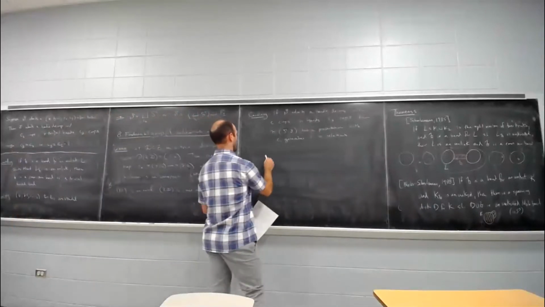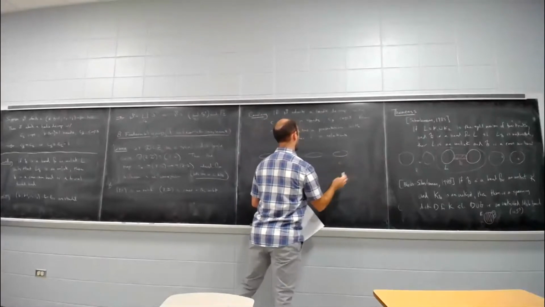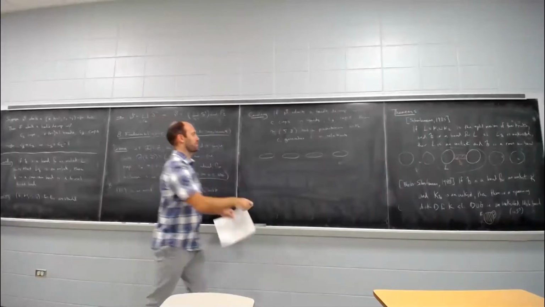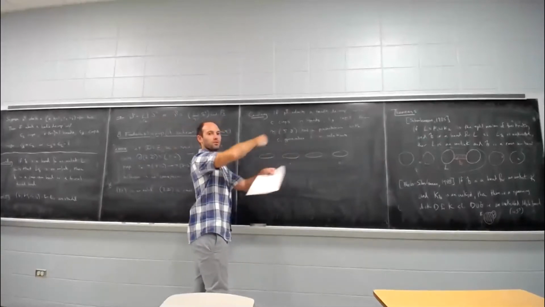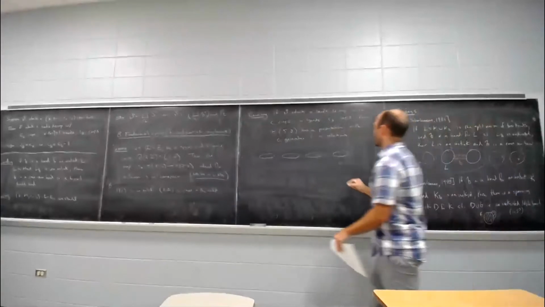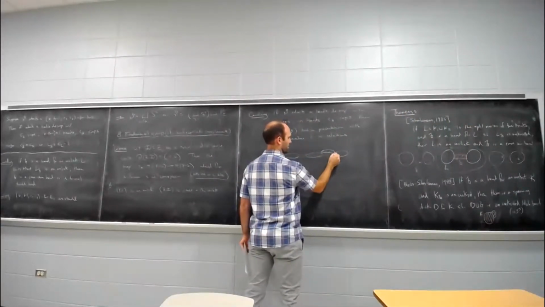And the idea here is just, we've got this C1 component unlink, and as we go up in time, nothing interesting happens. Maybe it wiggles around as we go up in time. And then what we do is we attach a bunch of bands. And each of these bands is going to give us a relation.